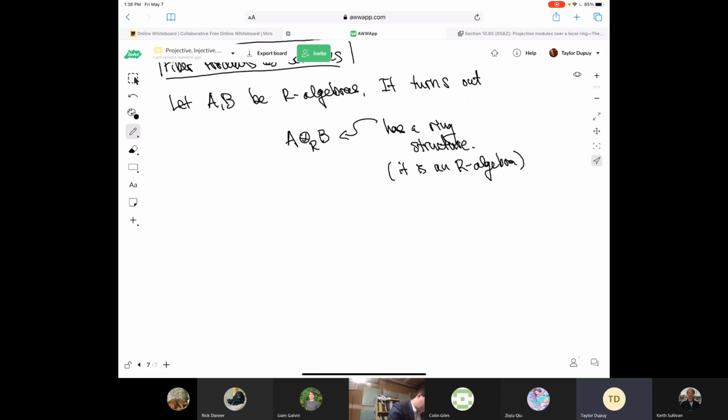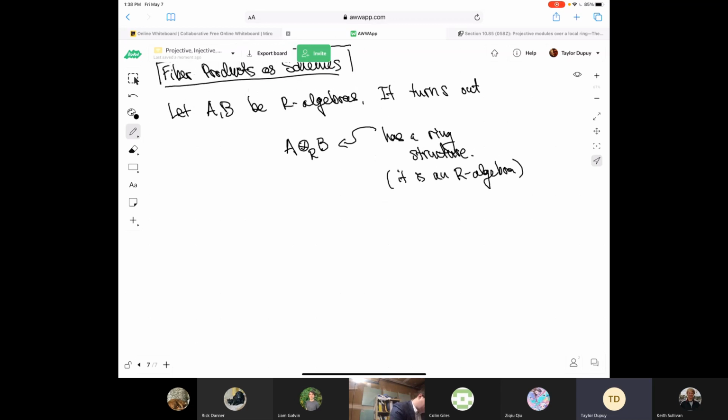Okay. And so one thing I need to tell you is how to multiply two elements of this. So here's how to multiply. I'm going to write it out on simple tensors, but you just extend this rule.